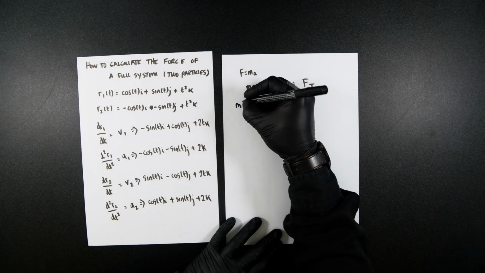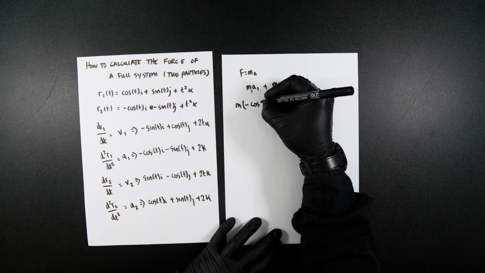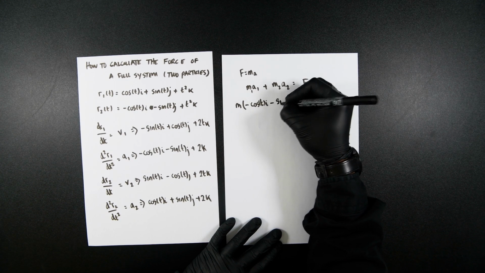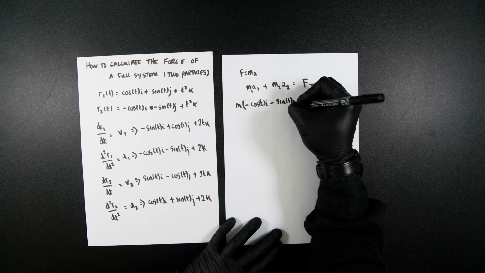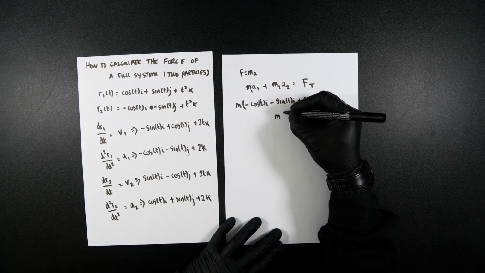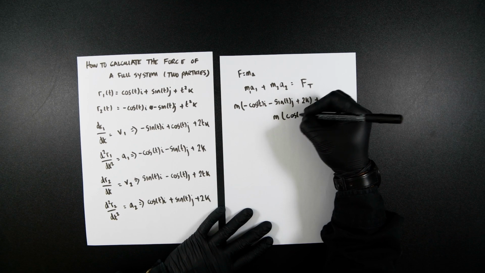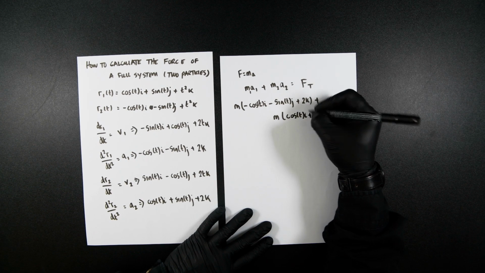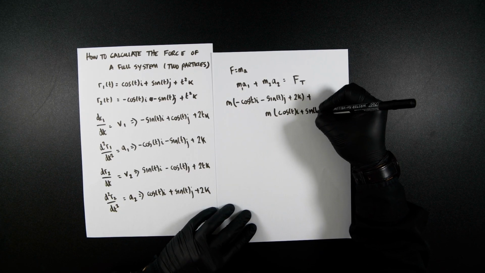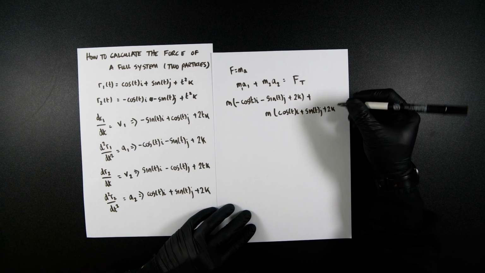So you're going to get m, and let's go minus cos t i minus sin t j plus 2k, plus m here, which is going to be cos t i plus sin t j plus 2k.